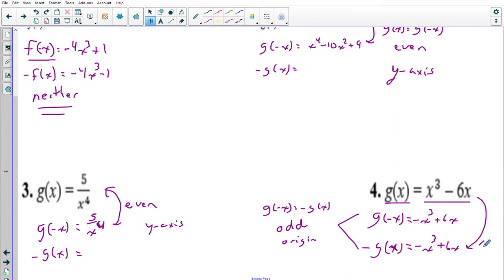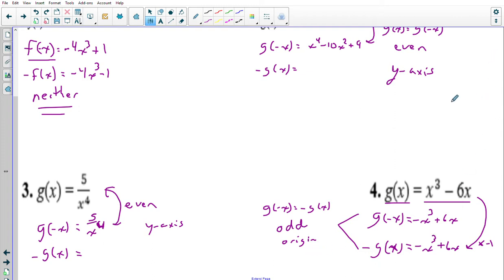You're multiplying both sides by negative 1. When you do that, you're going to see these two are actually equal, which means that g of negative x equals negative g of x. Odd function, it's reflective about the origin.